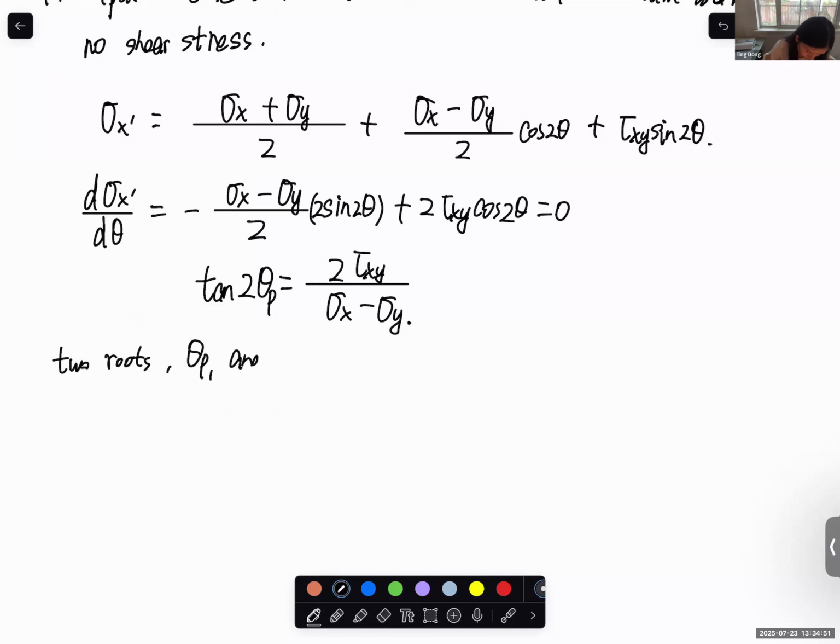Theta p1 and theta p2 are 90 degrees apart because it's tangent. You can Google what the tangent curve looks like, and you can understand why it's 90 degrees apart.